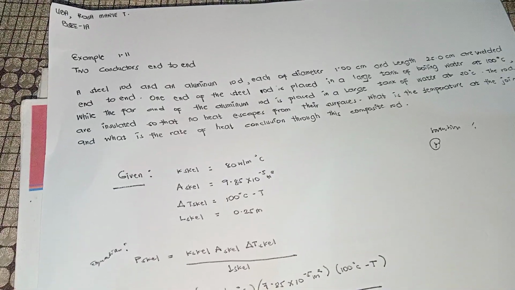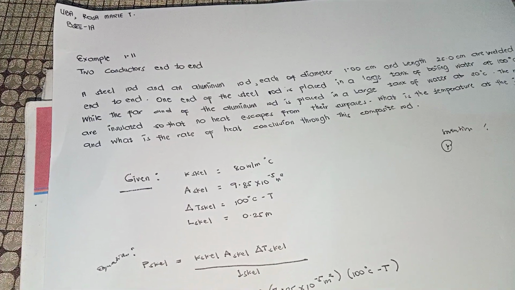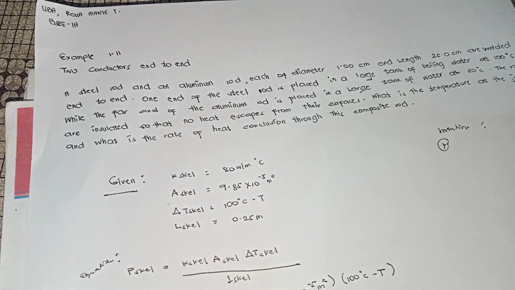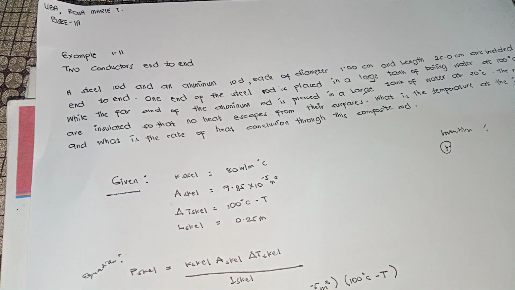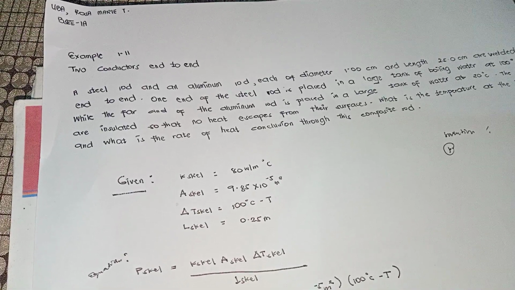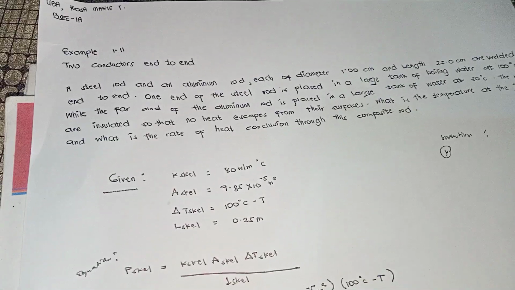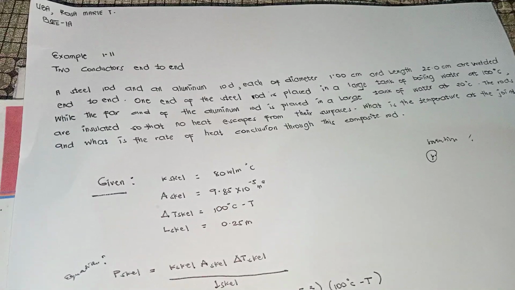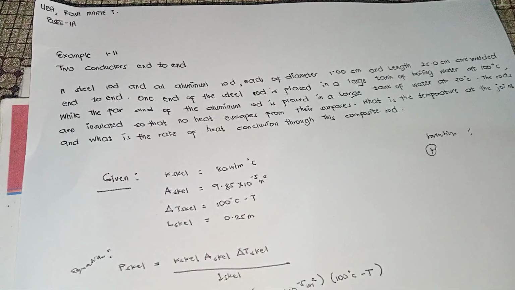Okay, let's proceed to problem set number 2, or example 1.11. Two conductors end to end. A steel rod and an aluminum rod, each of diameter 1.00 centimeter and length 25.0 centimeters, are welded end to end.